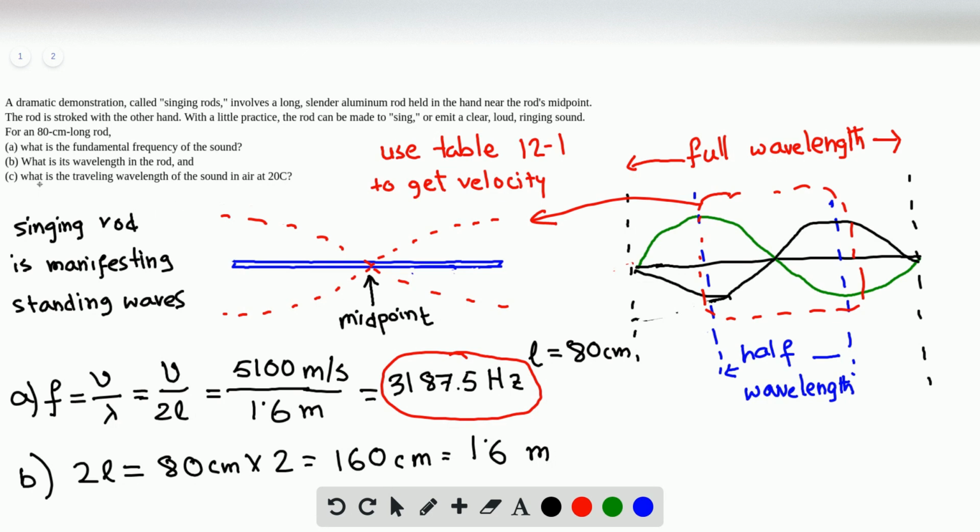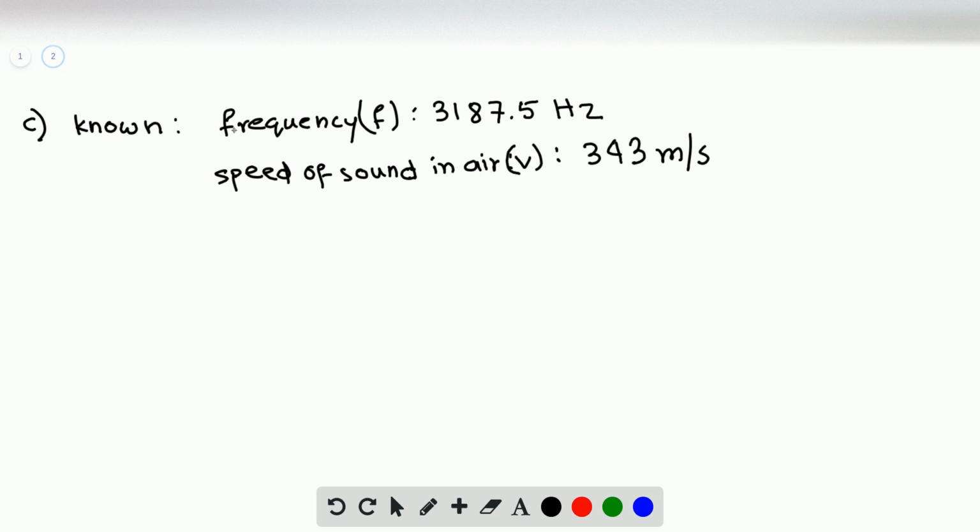Now, the third question is, what is the wavelength of the sound traveling in air at 20 degrees centigrade? The known quantity we have is the frequency, which we derived in the first part, 3187.5 hertz. And from table 12.1 again, we get the speed of sound in air as 343 meters per second.